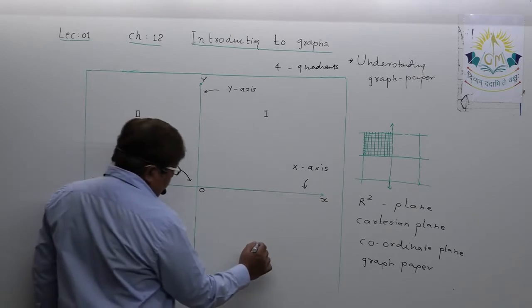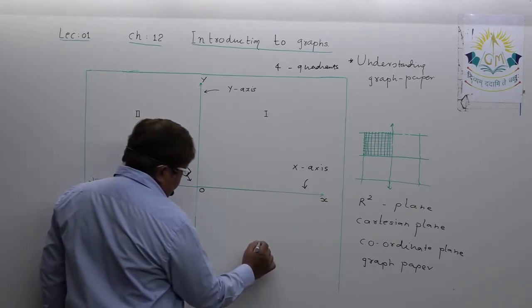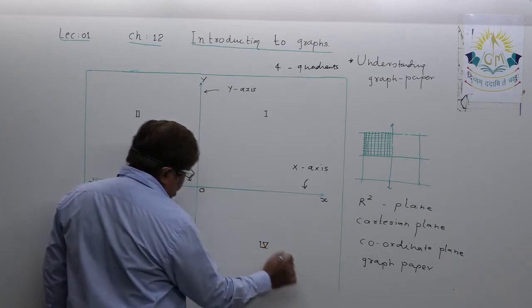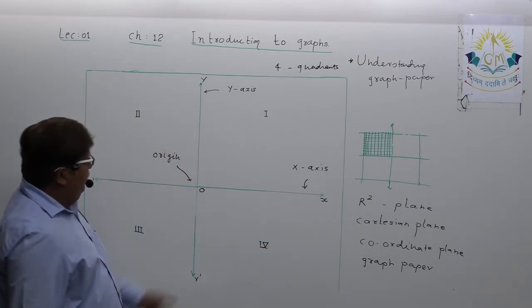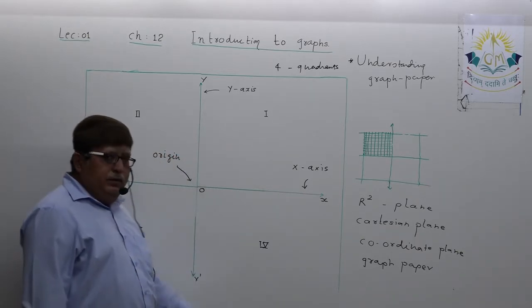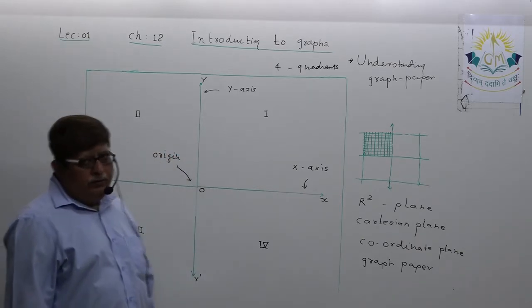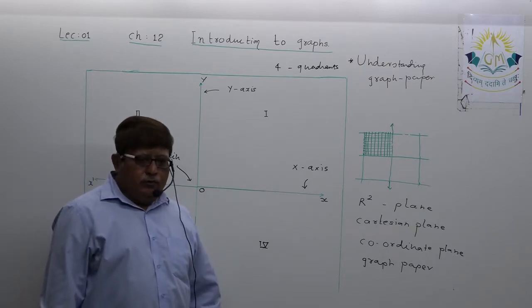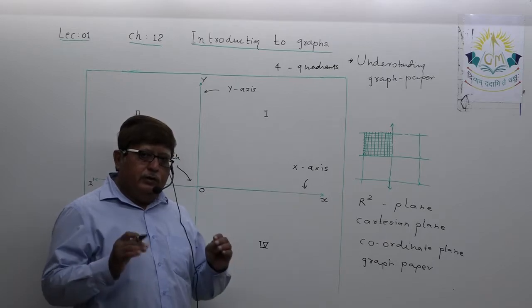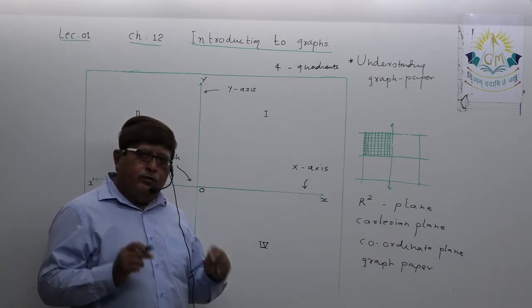Moving anti-clockwise, this is called fourth quadrant. We are writing in Roman numerals. Okay, first, second, third, and fourth quadrant. You understand? So the coordinate axes divide the graph paper into four quadrants.